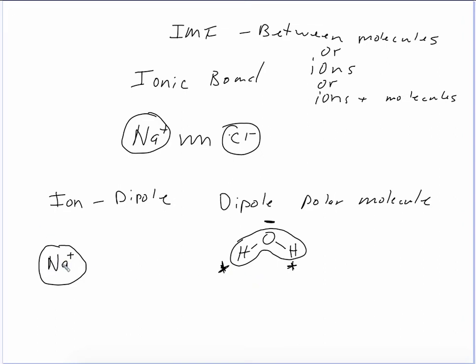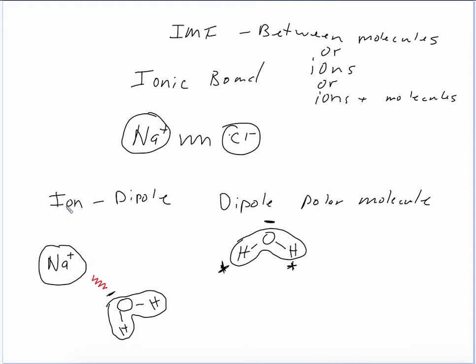So if we had a positive ion, which end of a water molecule would be attracted to that? Well, it would be the negative end. So here comes the water molecule, and the negative end is going to be attracted there, and there'll be a force of attraction right here.